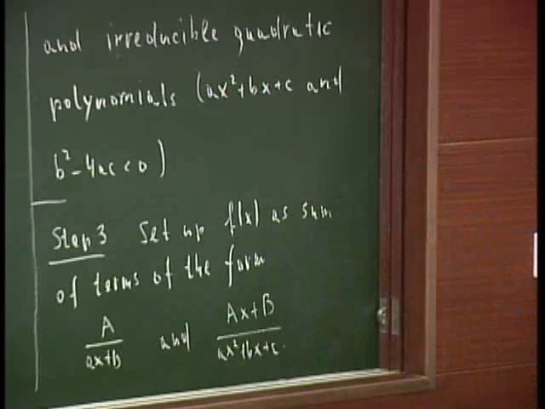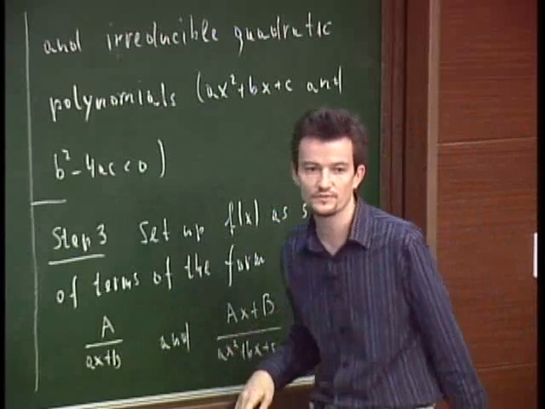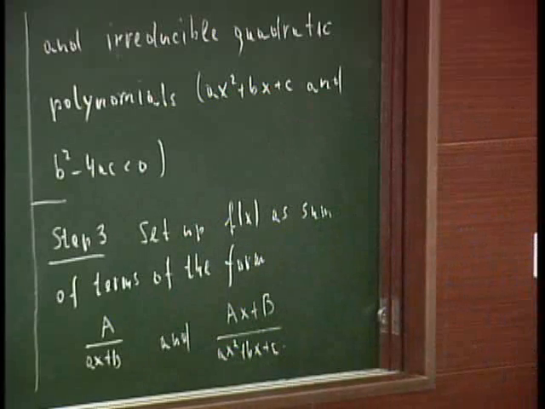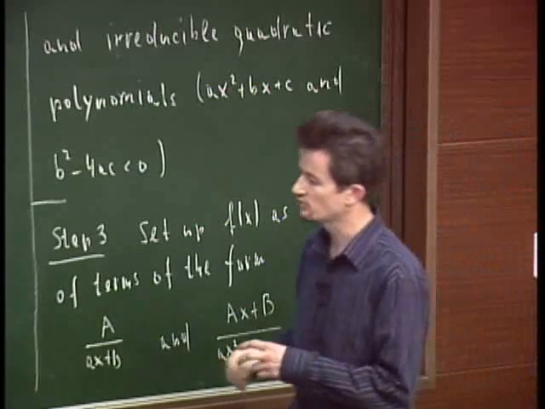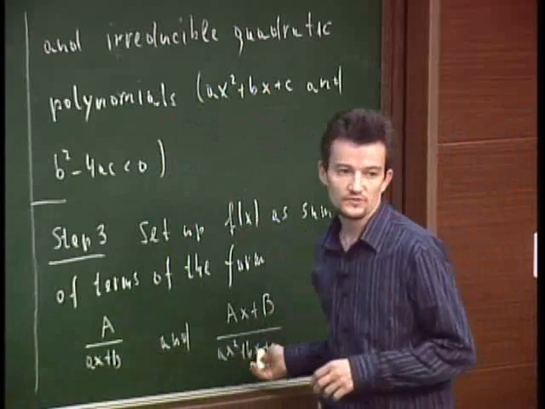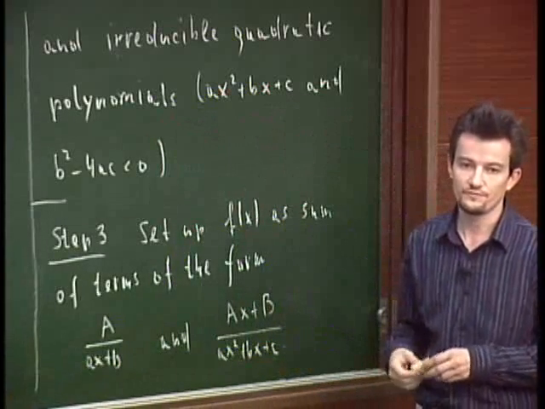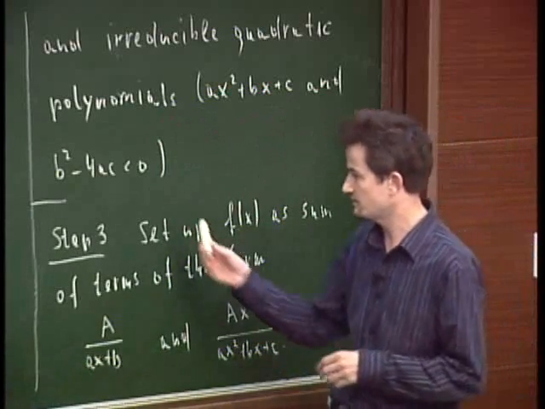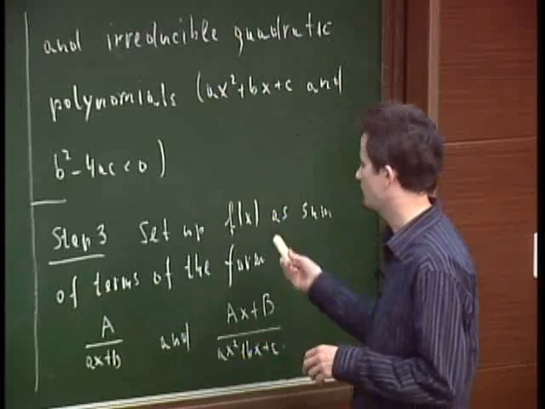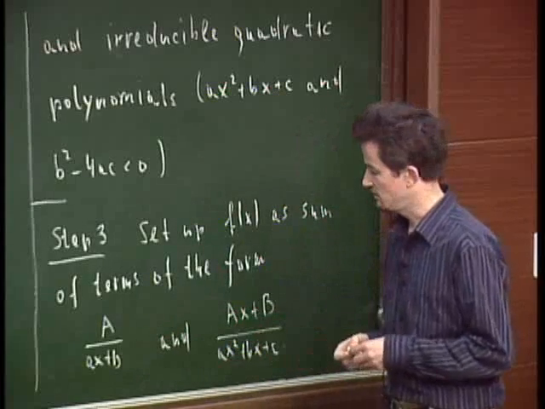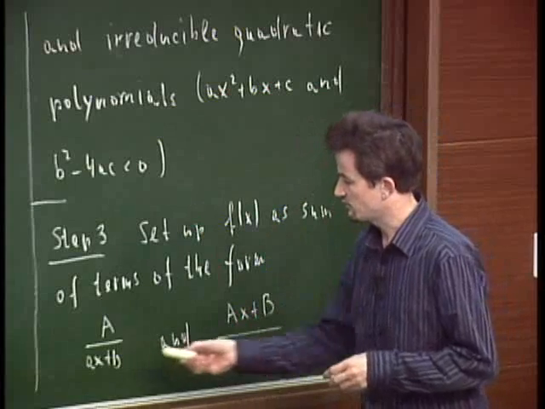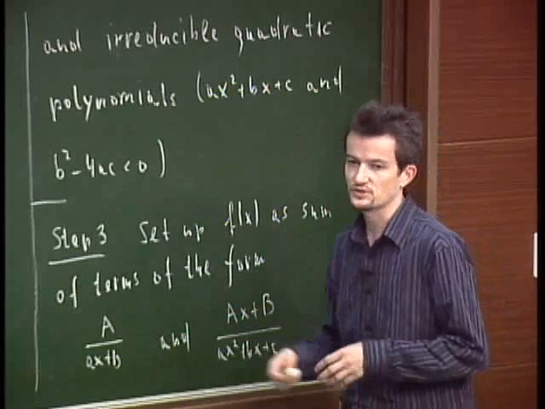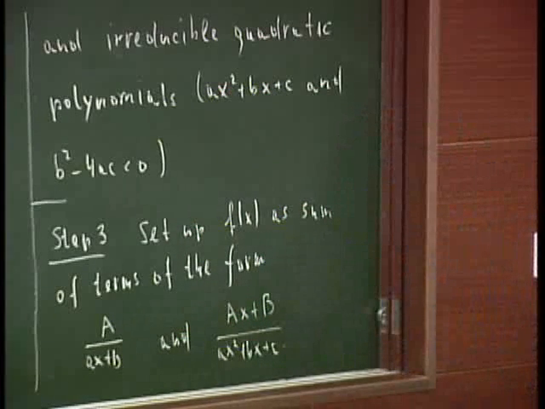But actually this third step is not very clear at the moment, because I have to tell you according to which rules we choose such partial fractions. So the third step, where we have to set up f(x) as a sum of partial fractions, has to be explained in more detail.